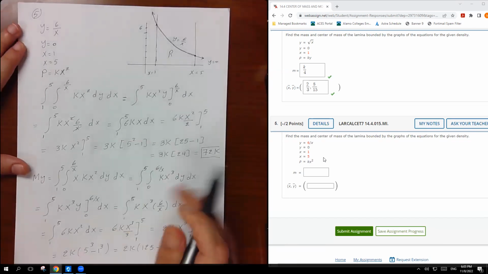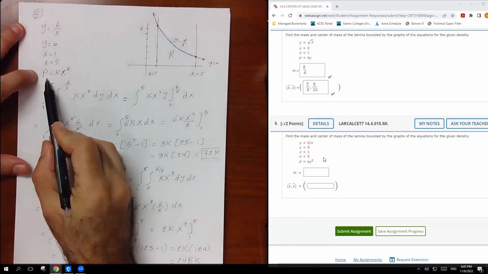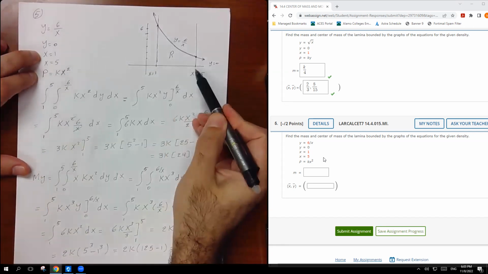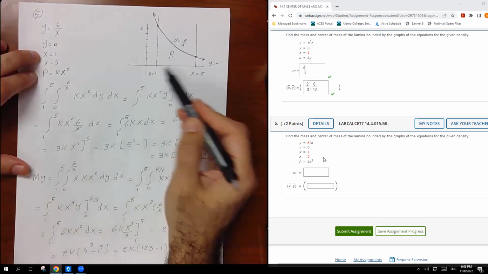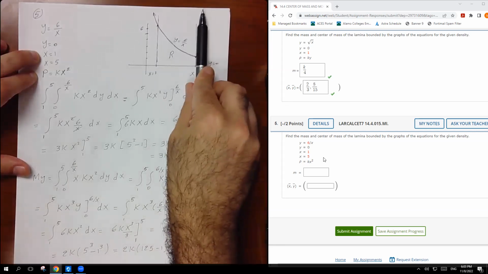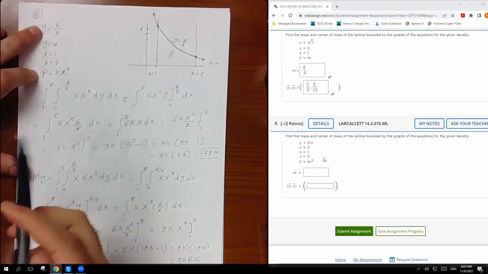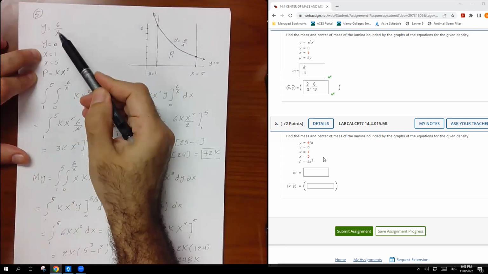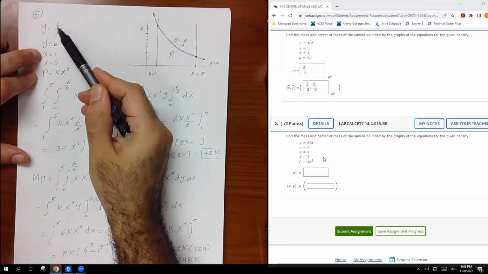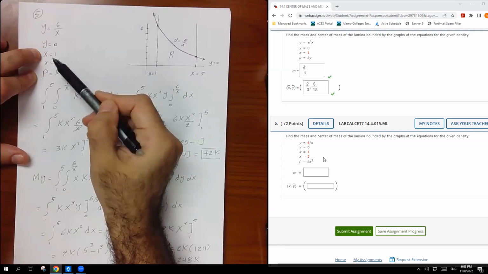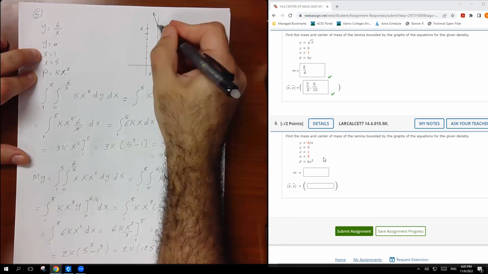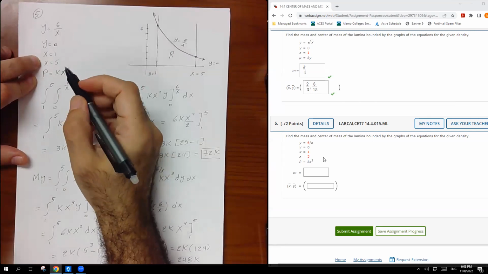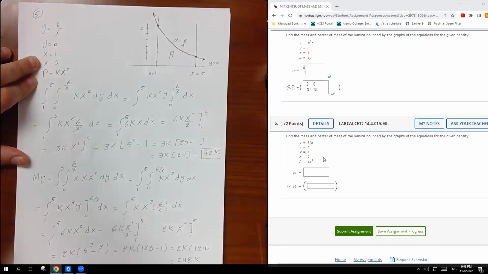So we have x between 1 and 5, so here's x equals 5 and here's x equals 1. How do we graph the y? Plug in: when x is 1, y is going to be 6. When x is 5, y is 6 over 5, which is 1.2.